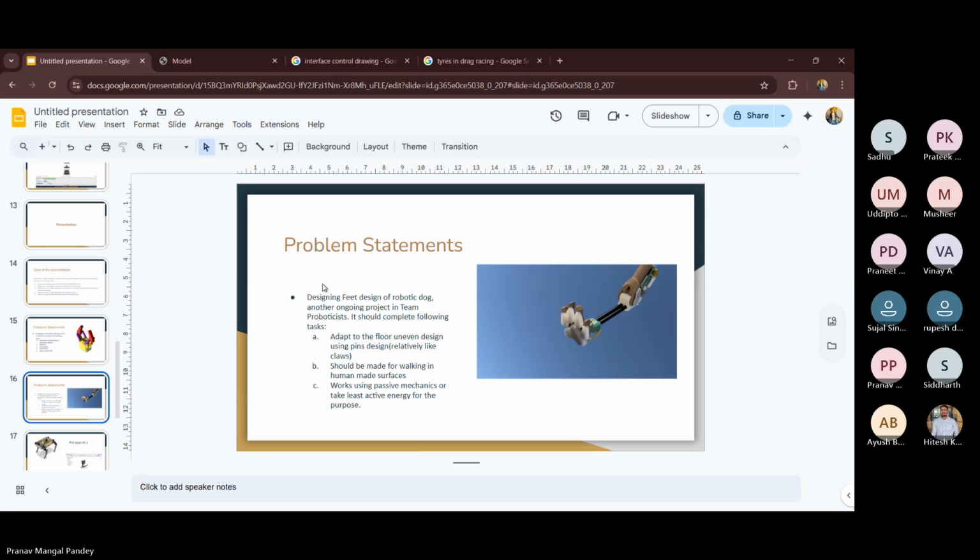So it basically hinges with the side of the stair, if you're talking about the edges, and then pulls itself back up. So we were thinking about that as well.